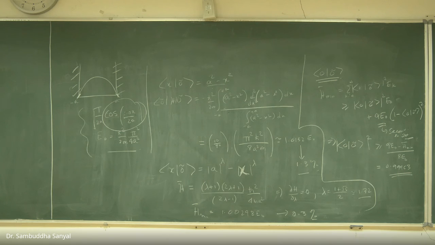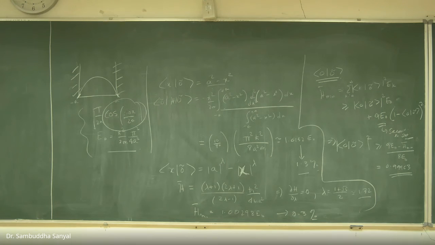So what should be there? The first one is the ground state. The second one could be the first state, second state and third state, like that. Right? Now I'm throwing away all the other states. I'm just keeping one state.